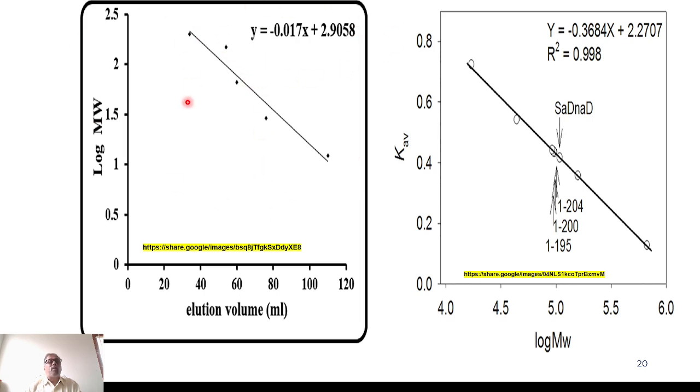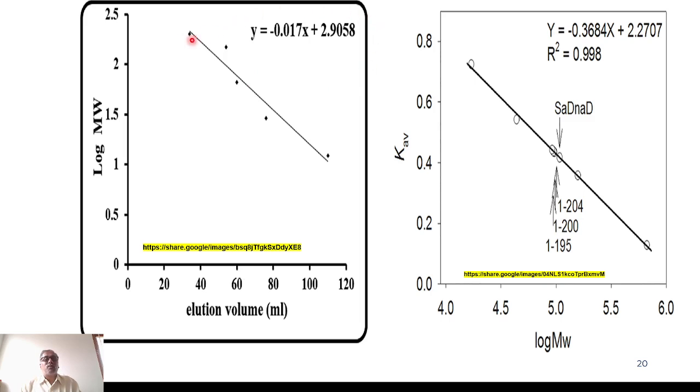So now you have added the unknown sample and you have purified your molecule of interest, and you have spent 60 ml. So 60 ml you apply in the formula, you will get the molecular weight.